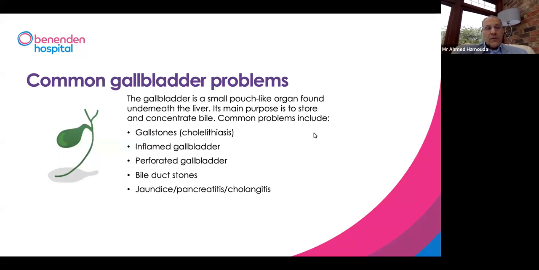So let's start off. The gallbladder is a pouch that sits underneath the liver. So it's attached to the undersurface of the liver. It is basically connected to a channel that you can see here, the very fine channel. Here is the main bile duct, and that runs from the liver all the way down to the bowel. It takes bile secreted by the liver into the bowel, and that has a digestive function. So bile is really a digestive juice.